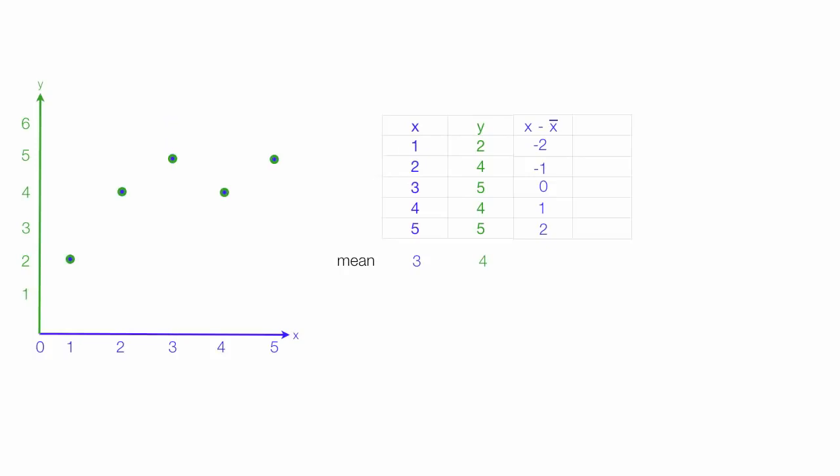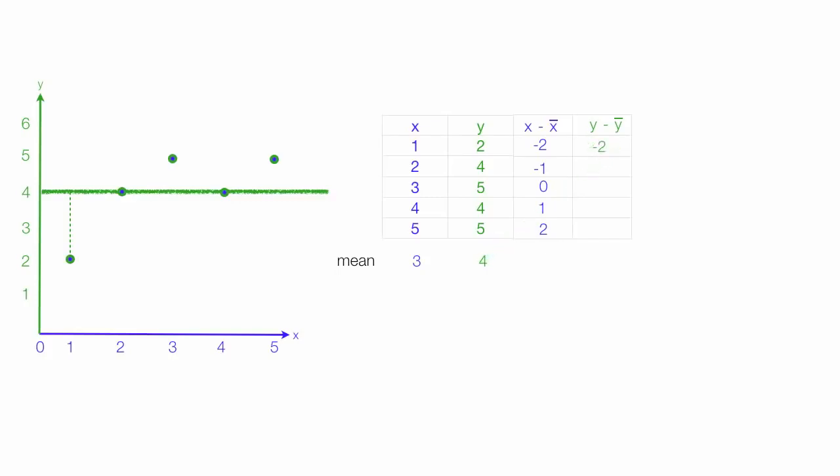Now I do the same thing with the y values. I'll draw in the mean line again, which is the mean of 4. It's a straight horizontal line right there. And the first point is 2 minus 4. 2 is the observation minus the mean of 4. Again, that 4 is just the mean value.